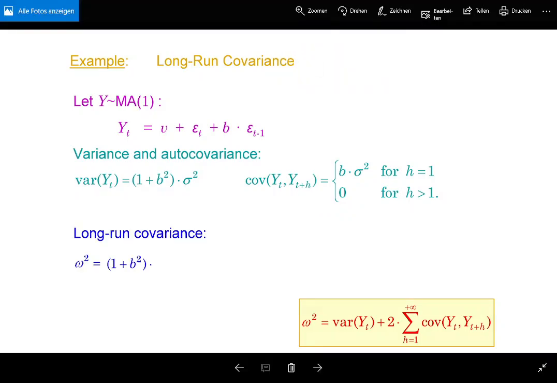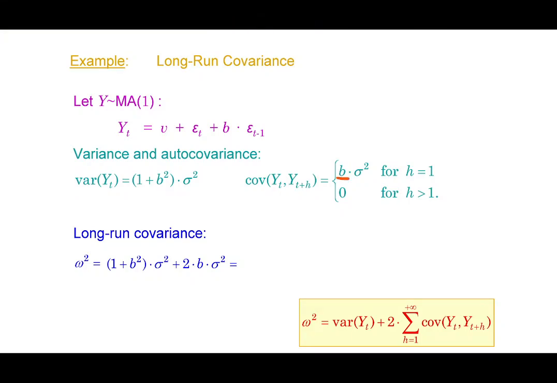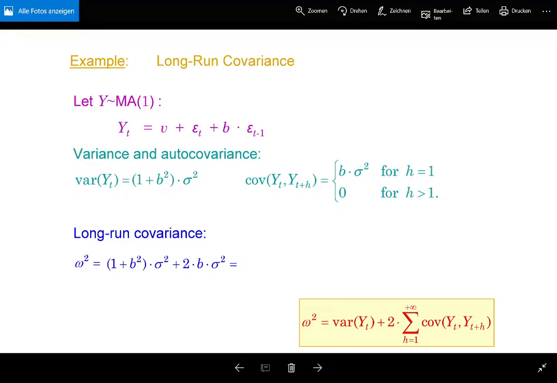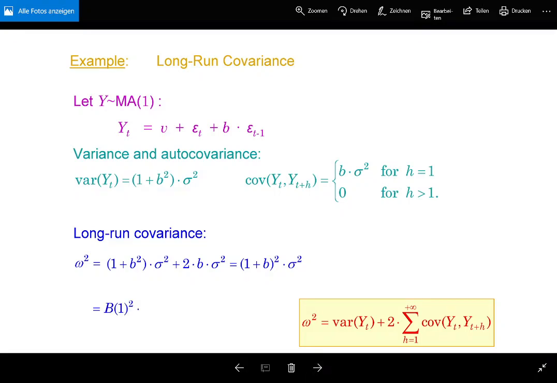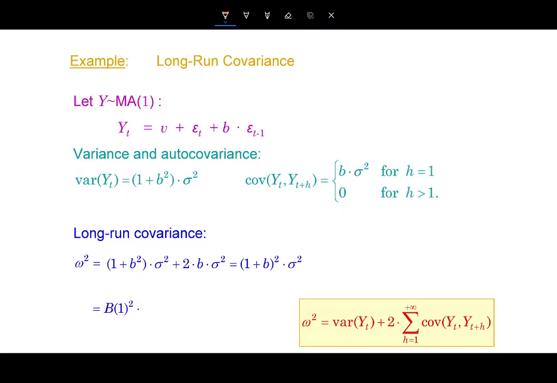And if you want to calculate the long-run covariance, you simply take the variance plus 2 times the sum of the autocovariances. There is just one expression which is not 0. The other one is 0. So this is how it would look. Okay, so that's how it was. And of course, this is basically B(1), where B is the lag polynomial. You might remember what the lag polynomial was.